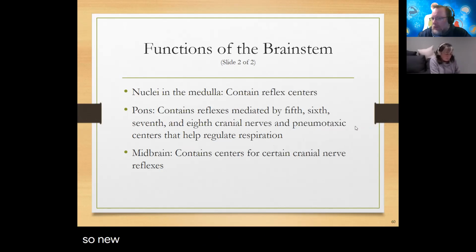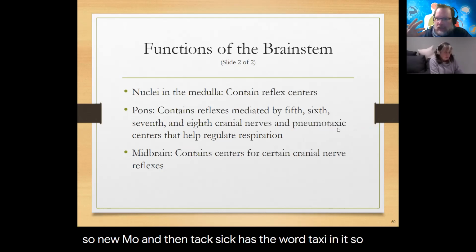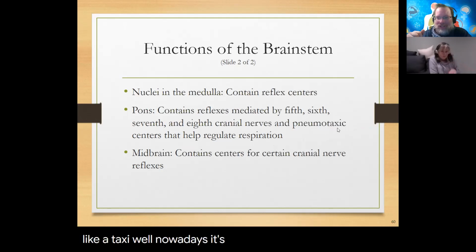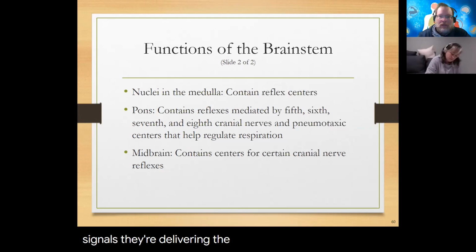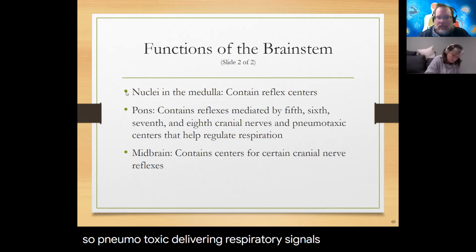So pneumo, and then taxic has the word taxi in it. Just like a taxi, or nowadays Uber and Lyft, the pneumotaxic centers are delivering the respiration rate signal. So pneumotaxic means delivering respiratory signals, and that's contained within the pons.